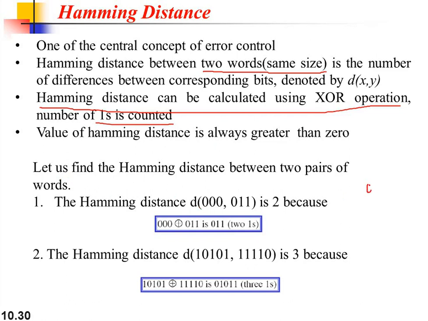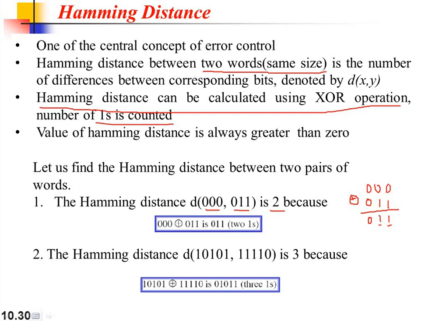Here it is 0 0 0, you XOR it with 0 1 1. So 0 0 is 0, 0 1 is 1, and 0 1 is 1. How many ones are there? There are 2 ones. So my Hamming distance between these 2 code words is 2.